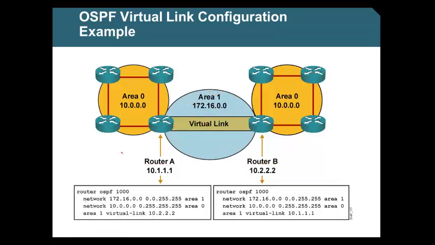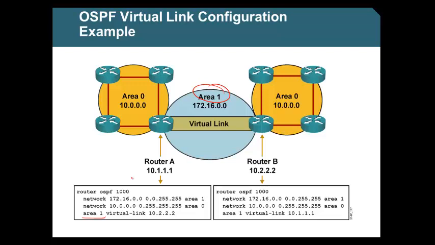You see here the configuration, area 1. Actually, you are merging to area 0. But in the command, you should not mention area 0. Why? You are on router A, which is already in area 0. And you want area 1 to appear like a link.